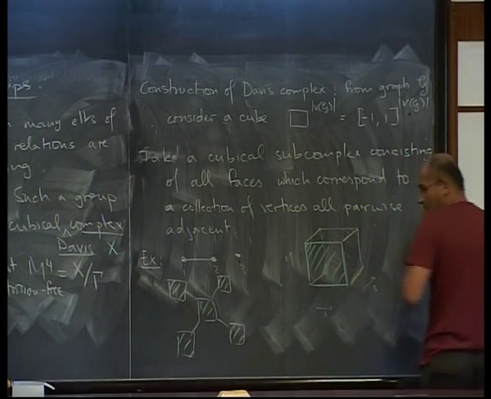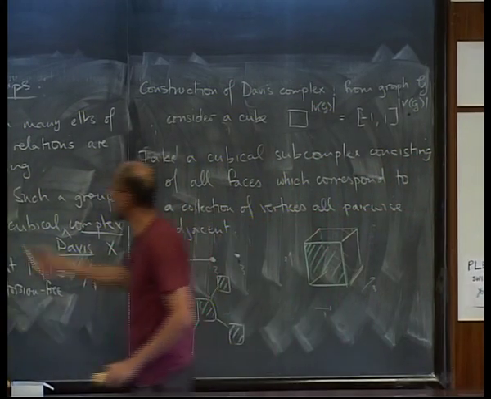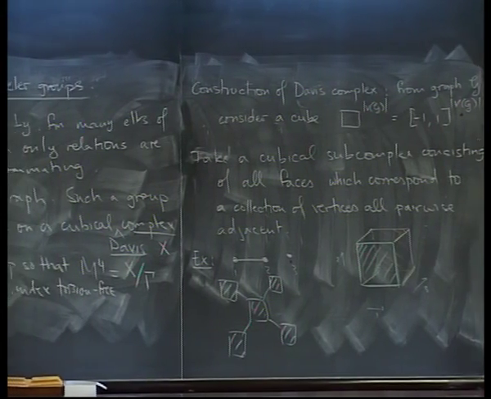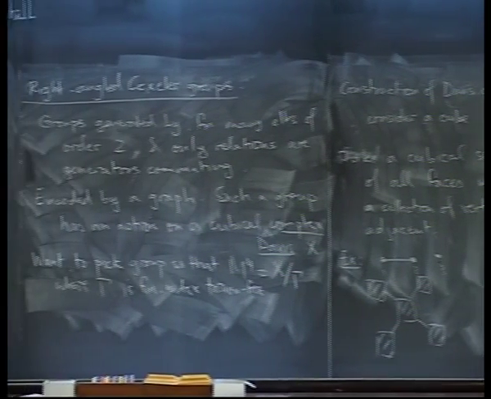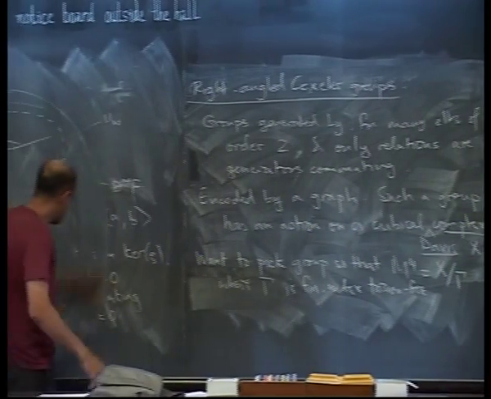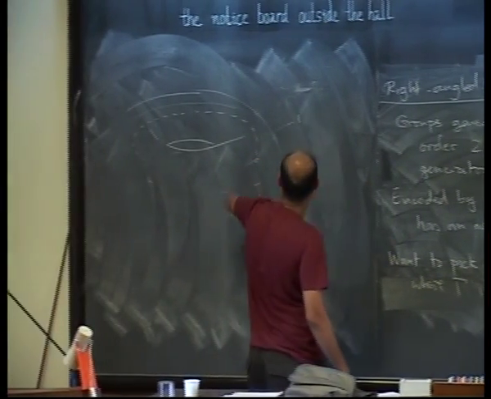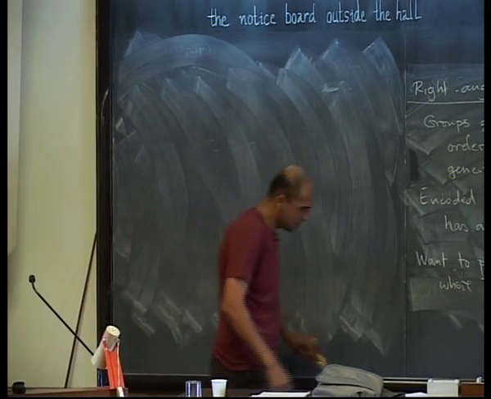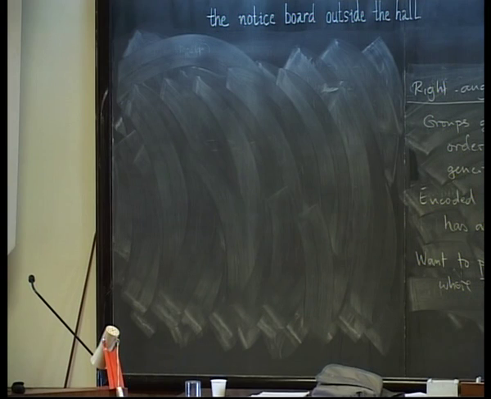All right, so now what are the properties that we need for the graph in order to have these corresponding properties for the corresponding Davis complex? Well, we want a four-manifold. So let me put in a comment.